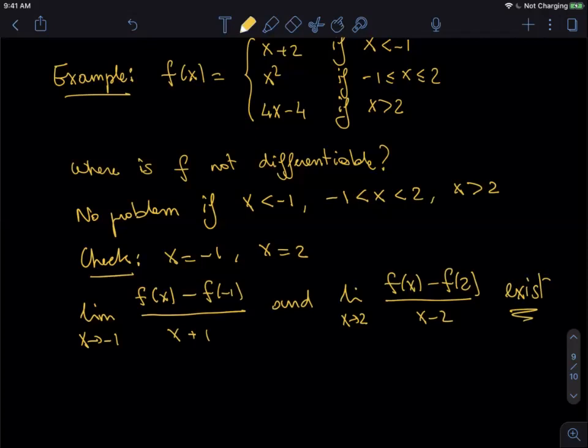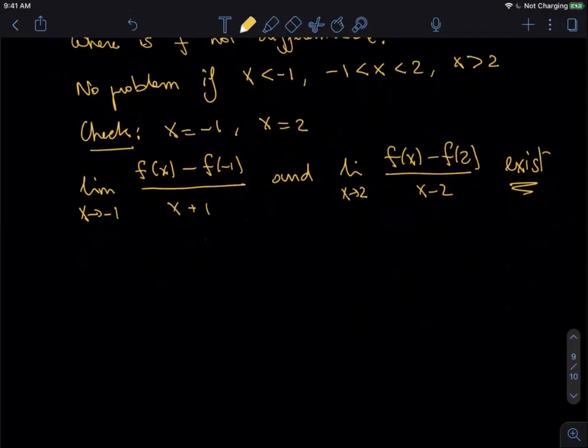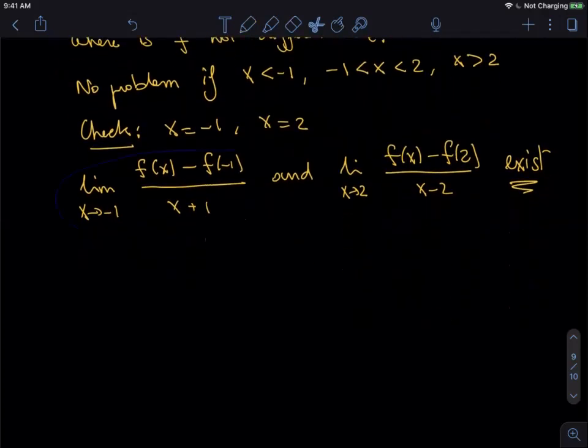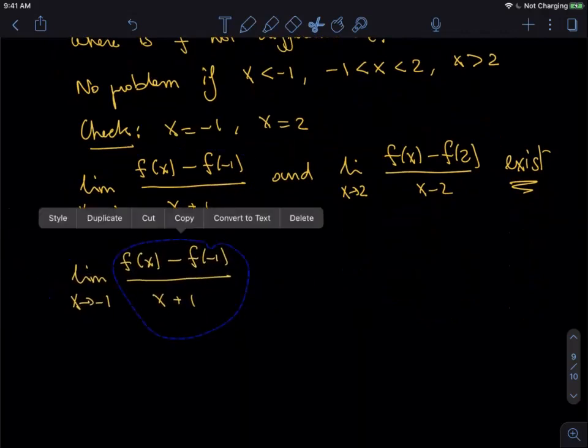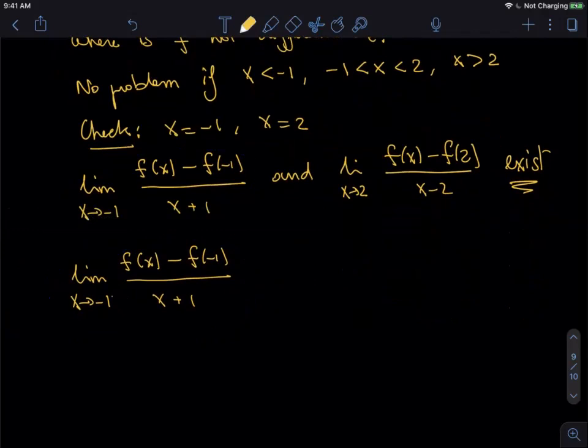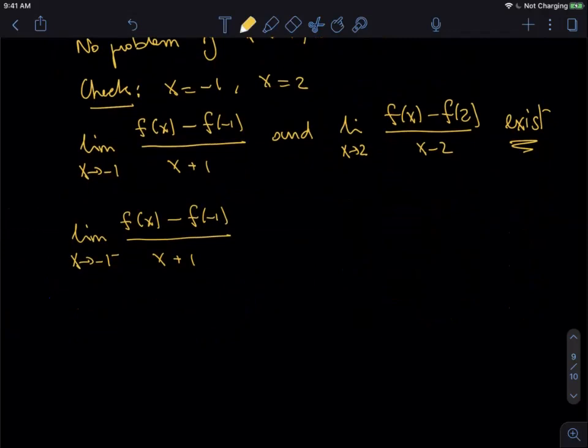When I say they exist, what I mean is the lateral limits coincide. So let's get to find those lateral limits. Let's start with -1. We need to find the limit as x tends to -1 from the left and from the right.